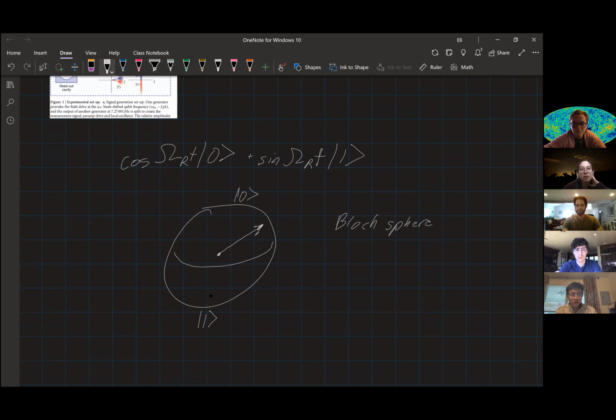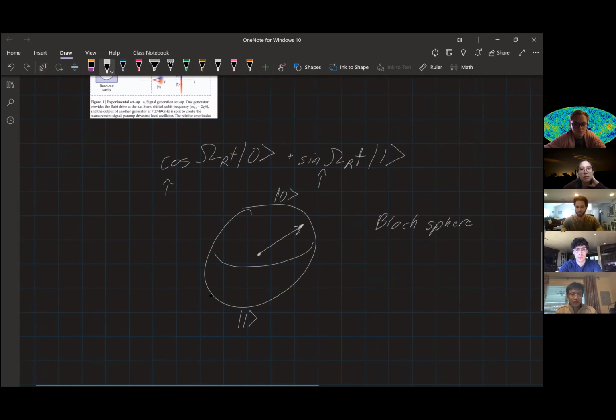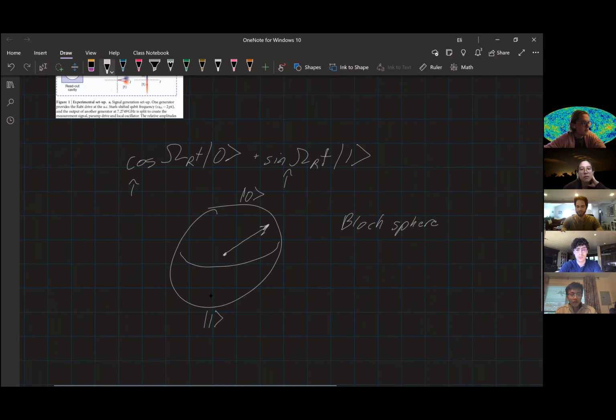It has latitude and longitude because these coefficients can be complex numbers. So there's actually 2 numbers associated with them. And what Rabi oscillations do is they drive this vector in a circle around the sphere. It basically follows a line of longitude around the sphere.